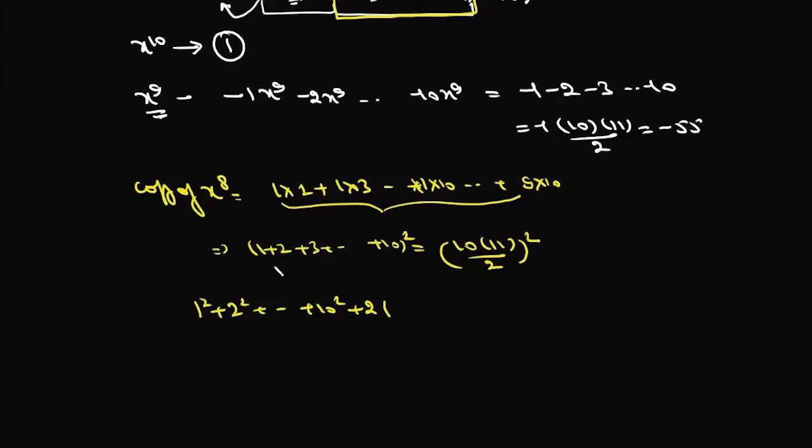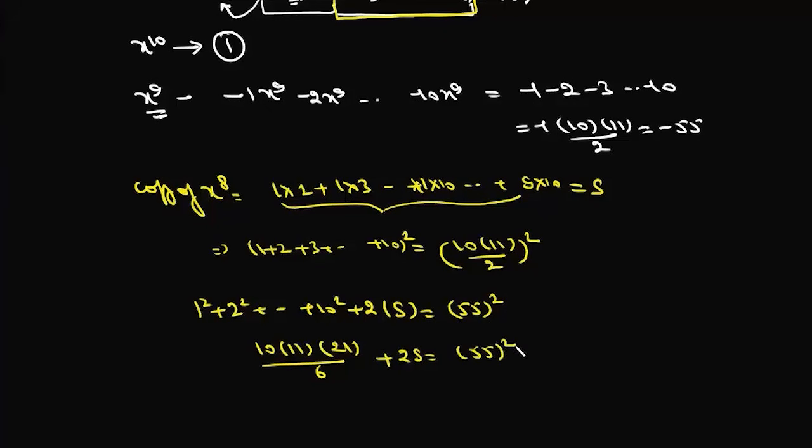So basically here what we'll get is the series which we are looking for, and let the series be S. So it will be the sum of squares n(n plus 1)(2n plus 1) by 6 plus 2S, and it will be equal to 55 square.